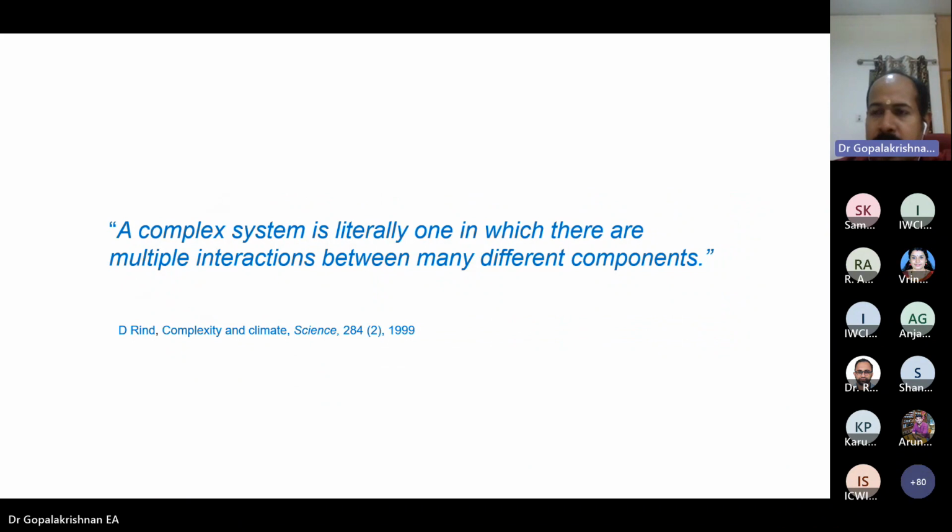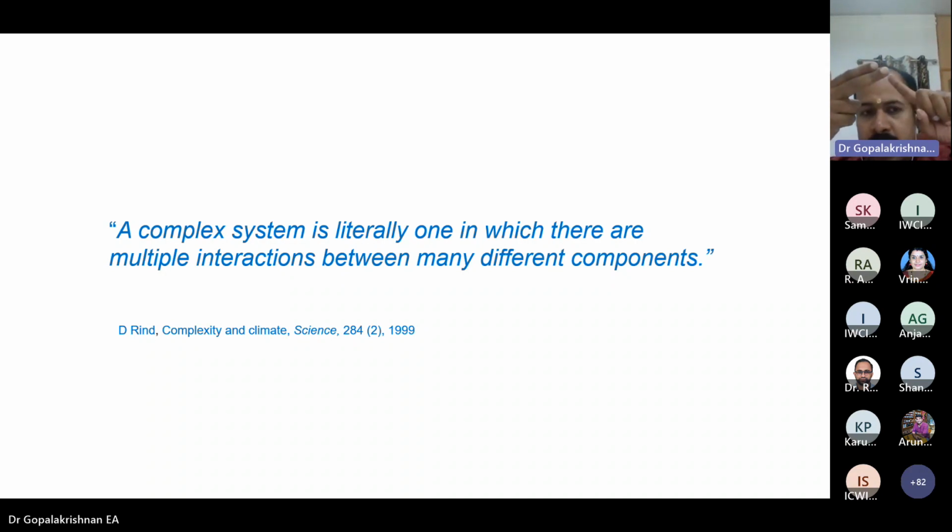So now coming to the proper definition, a complex system is literally one in which there are multiple interactions between different components. Basically, for you to model something as a complex system, you need to look at three things. One, there are interacting subsystems.